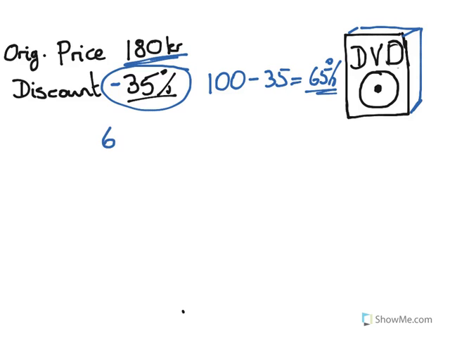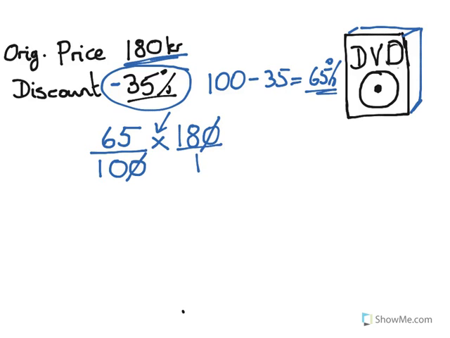The way that I usually think about this is I write it as I say it: 65%, 65 parts of 100, of, and then I put a multiply sign every time I say of, 180 kronas. Well, when we set it up like this, it's actually quite easy to solve, because we have a 0 here that cancels with the 0 here.